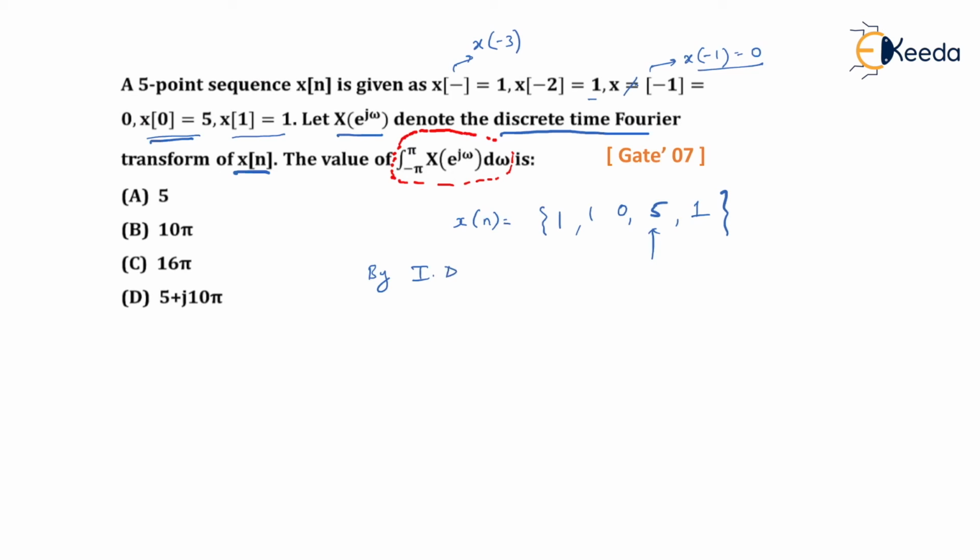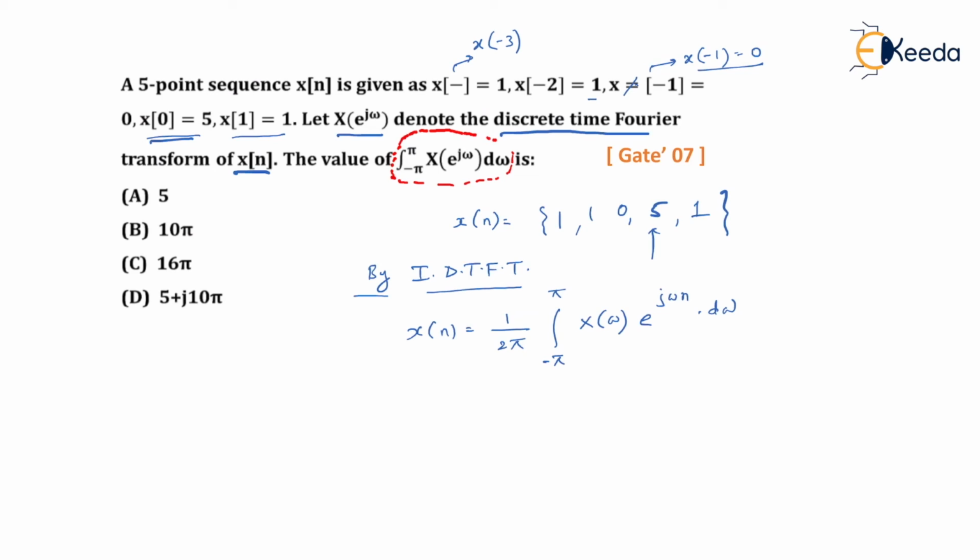So by the inverse discrete time Fourier transform formula, what you get is x of n equal to 1 upon 2 pi integrating over minus pi to pi X of omega e to the power j omega n d omega.